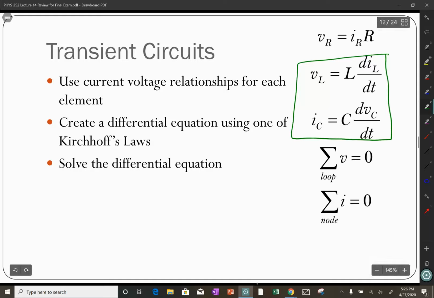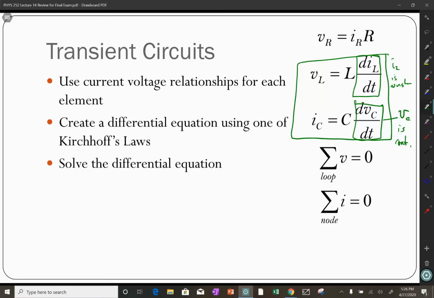Now, of necessity, unless I have an infinite voltage or an infinite current, this derivative has to be non-infinite, which means that in this case, VC is continuous. You can't have a discontinuous jump. And this one, IL, is continuous. Can't have a discontinuous jump. That's important for our initial boundary conditions.